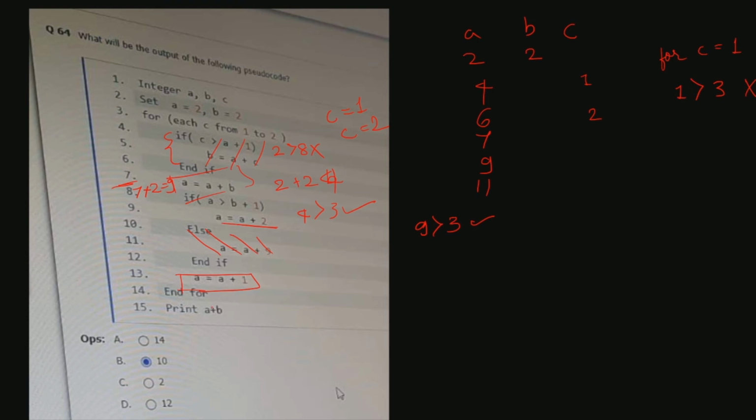And then we will execute this statement, A equals A plus 1. So 11 plus 1 is 12. So our new value for A is 12 now. Now end for, and then print A plus B. So A plus B is 12 plus 2, which is 14. So the answer will be 14 here and not 10.